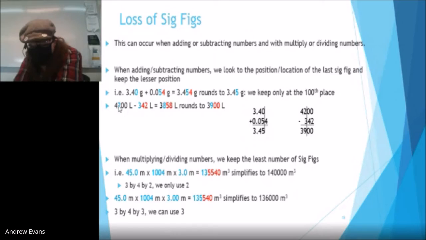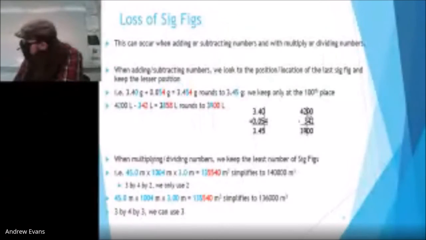In this case, 4,200, no decimal point, and 342, no decimal point. If I line them up where the decimal points would be, 4,200, I only know the 2 is significant. 342, the 3, the 4, the 2 is significant, but these 2 zeros are like question marks, we don't know, is this high, is this low?